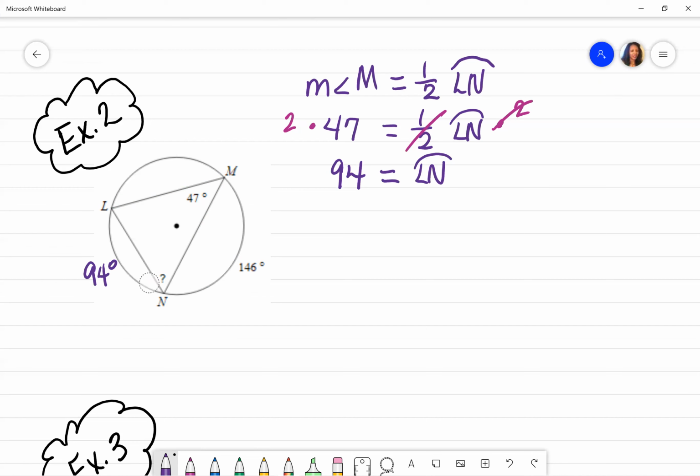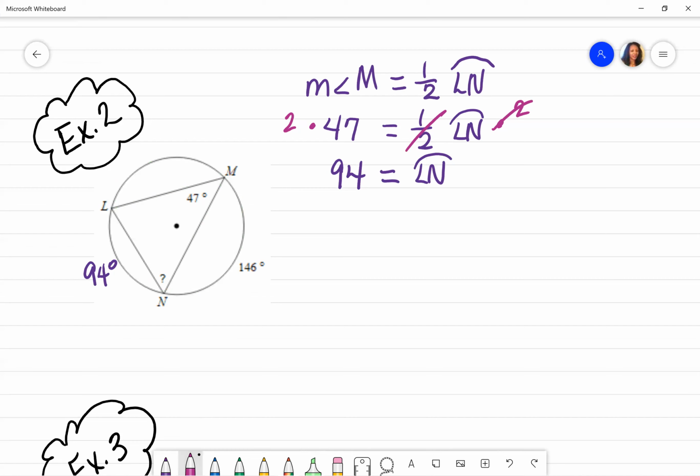Now, what we know is what we just did in example 1. We know the arc measures for 2 of those arcs. So now if we can find arc LM, we can work backwards and find the measure of angle N. So let's do that.